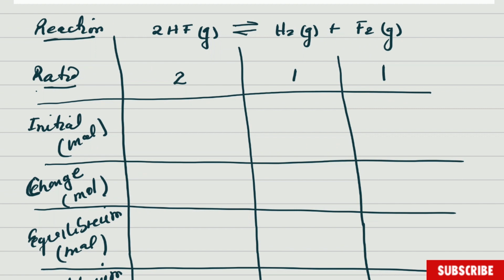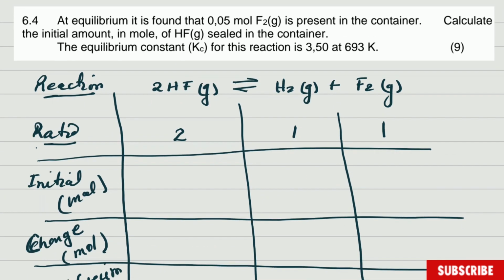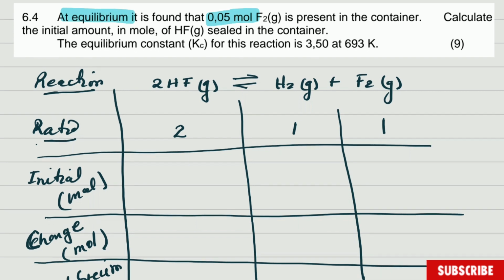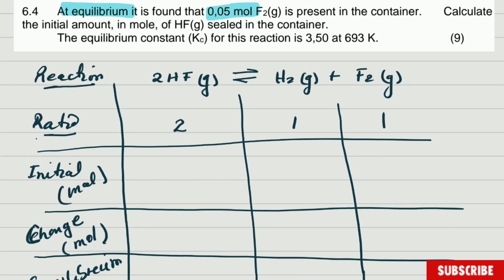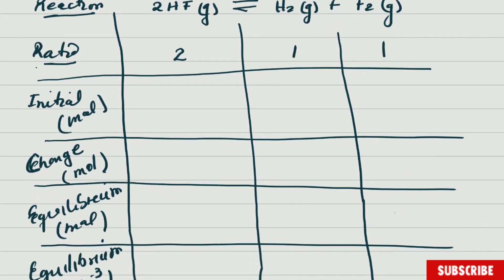Now the question said, we're going back because we are not going to start completing that table. At equilibrium it is found 0.05 mole of F2 is present. At equilibrium moles, not here, so we go to equilibrium moles and we have 0.05 of F2.